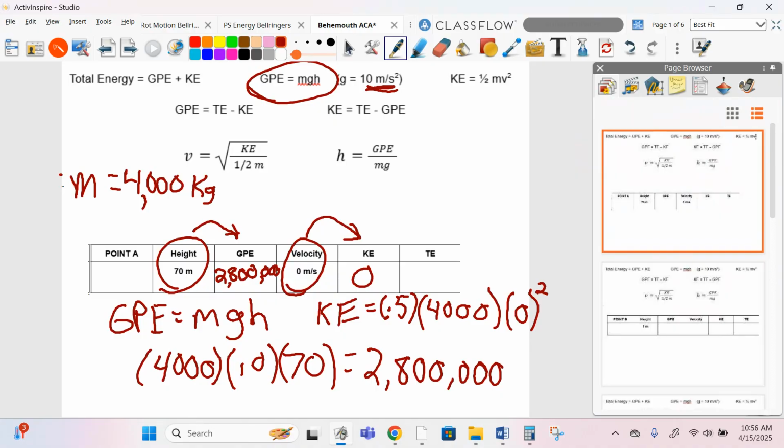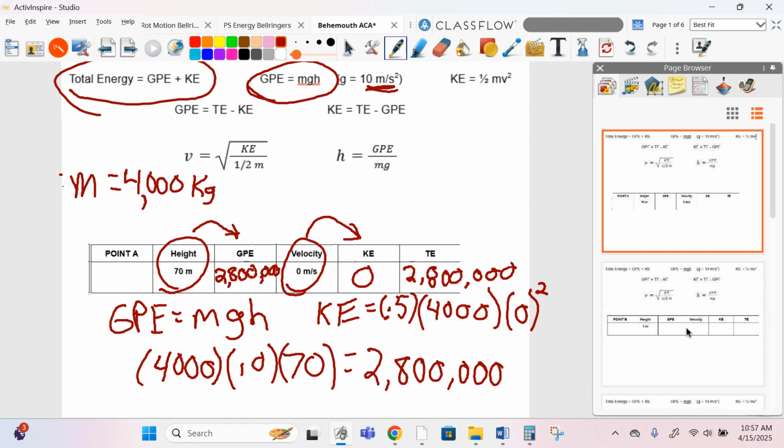So as I try to find my total energy, it equals GPE, 2,800,000 joules, plus the kinetic energy, 0. So my total energy then is 2,800,000 joules.